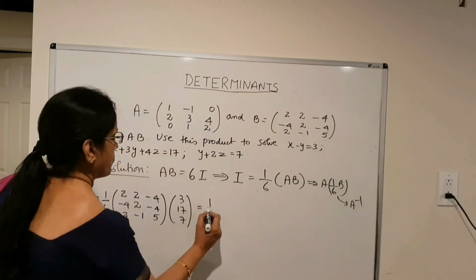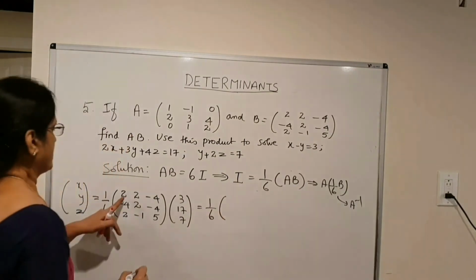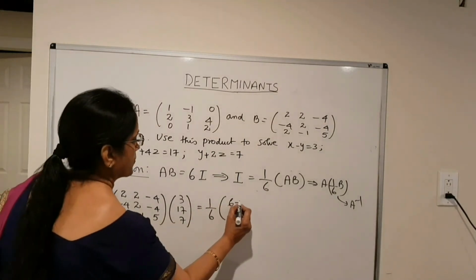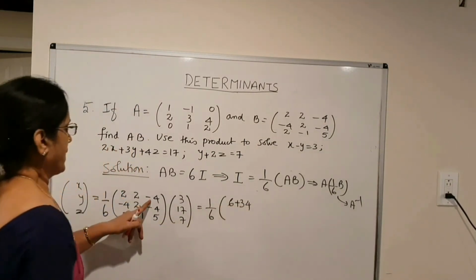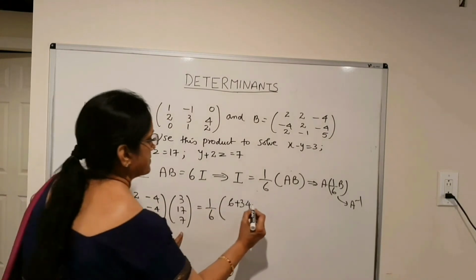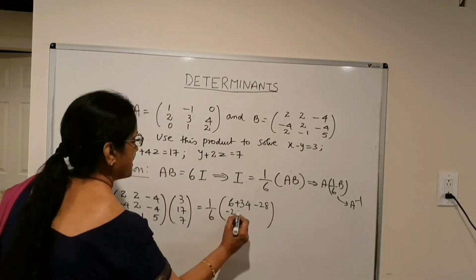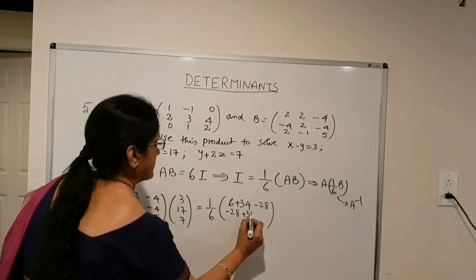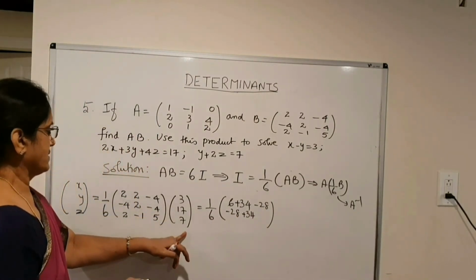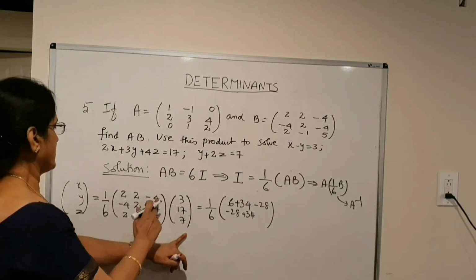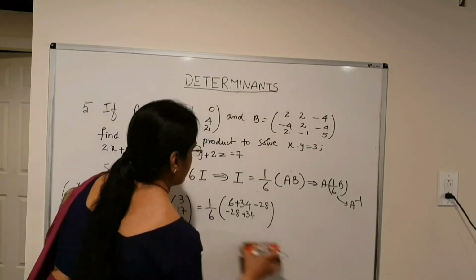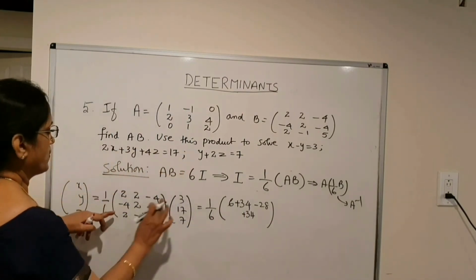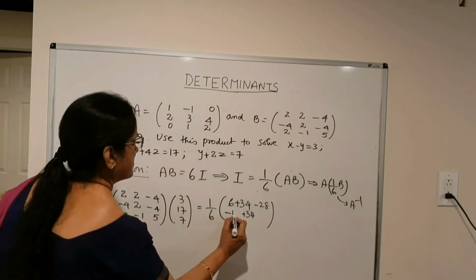This is nothing but 1 by 6 of the product. 2 into 3, 6. 2 into 17, 34. Minus 4 into 7, minus 28. Then, minus 4 into 3, minus 12, sorry, here you should have minus 12.